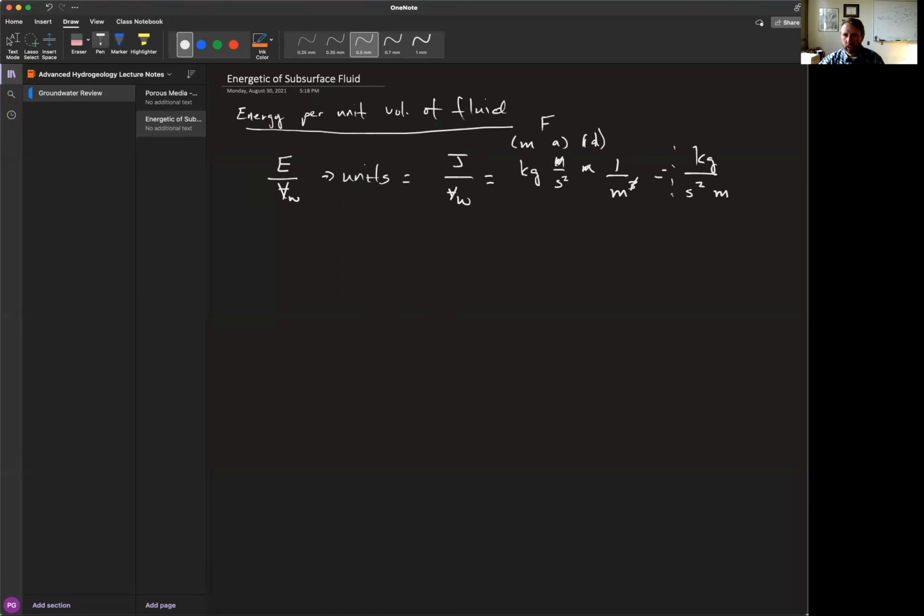So I'm just going to highlight this unit, mass per time squared length. This ends up being the unit of the energy per unit volume of fluid. All right, so this is the energy per volume.